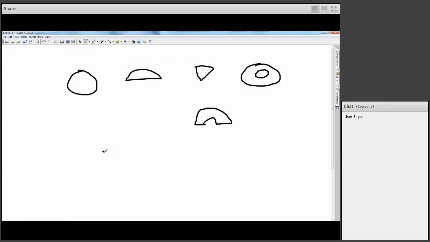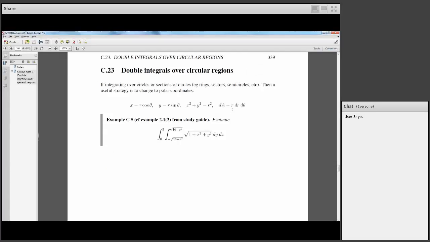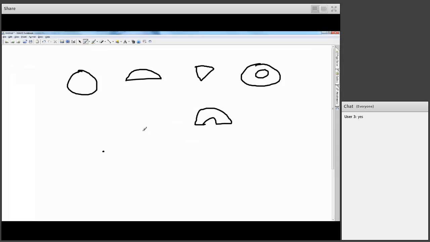If you've got a bit of a circle and you want to split up a little segment like this, I'll just zoom in. A little segment looks something like this. This bit here is a curve, and the length of this curve would be the radius times the angle between the two. If you've got a really small angle, the length of this bit would be r d theta.